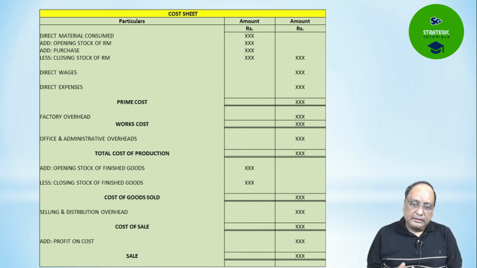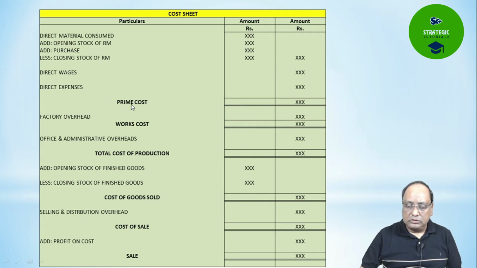So in the cost sheet, the first part is direct material consumed, that is opening stock of raw material plus purchases, less closing stock of raw material. Then you add direct wages and direct expenses, you will get prime cost. So my dear friends, always remember prime cost is basically 40% of the total cost of certain items.